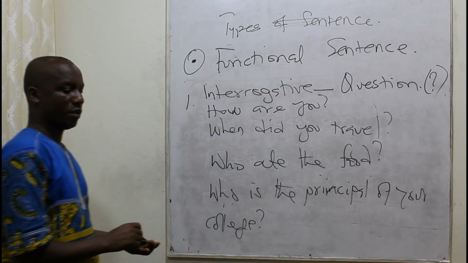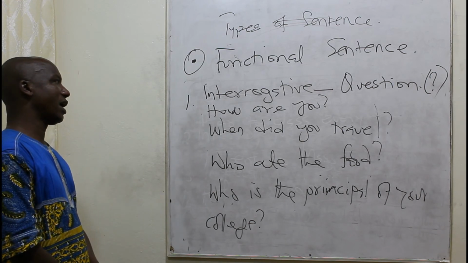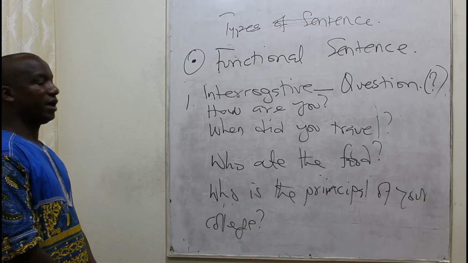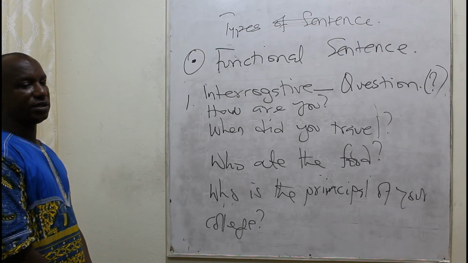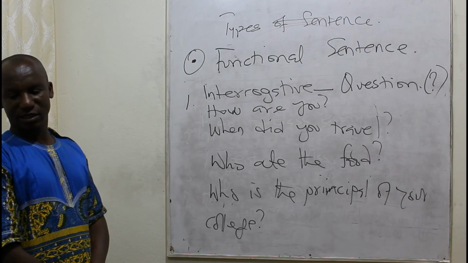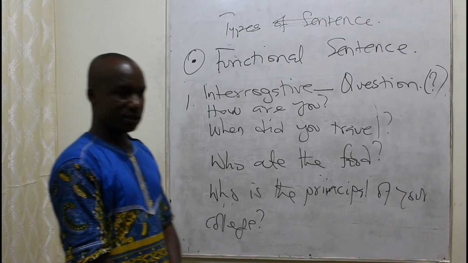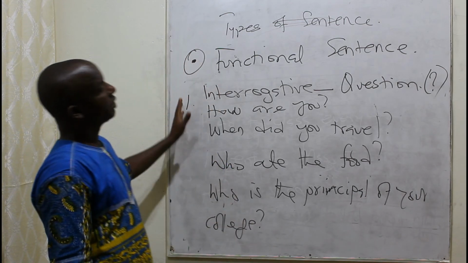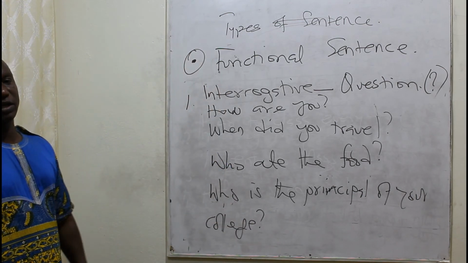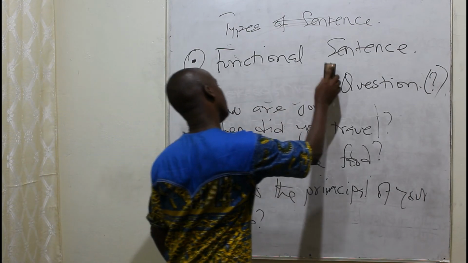How are you? All these are there for us to look at, and they are called the interrogatives. And we say that we use it to ask questions. Very, very important. So that is what the interrogatives are meant for.